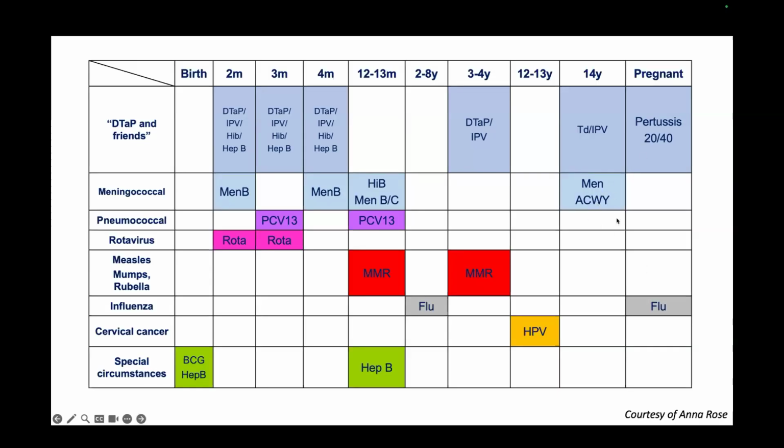So we want to vaccinate you when you're a little bit older. And then pneumococcal, again, that can cause disease when you're in the younger age group, so we want to get your protection in early. That's quite early on in the schedule. And BCG, not the best vaccine in terms of preventing TB overall, but it is very effective in preventing TB meningitis. So getting that in at birth is really important.